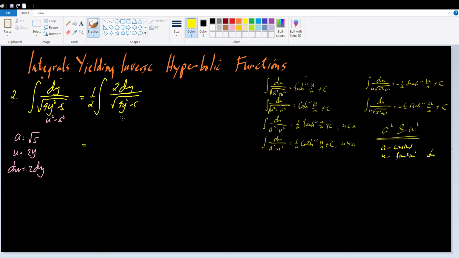This is of the form u squared minus a squared, so the answer is 1/2 inverse hyperbolic cosine of u over a, which is 2y, all over a, which is square root of 5, plus c. Okay, we can write this as 1/2 inverse hyperbolic cosine of 2 square root of 5 over 5 y plus c.